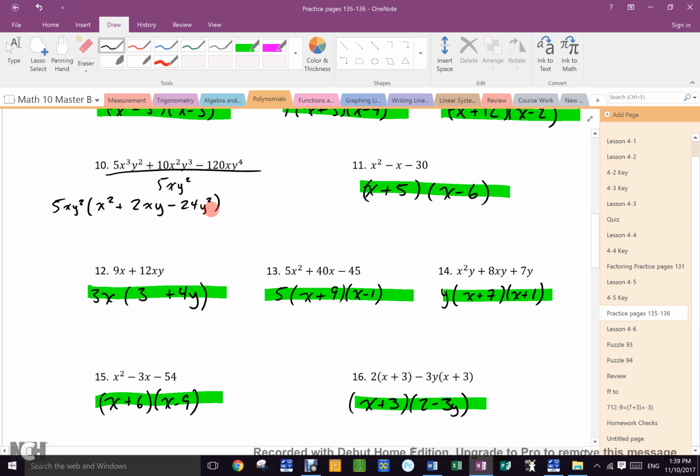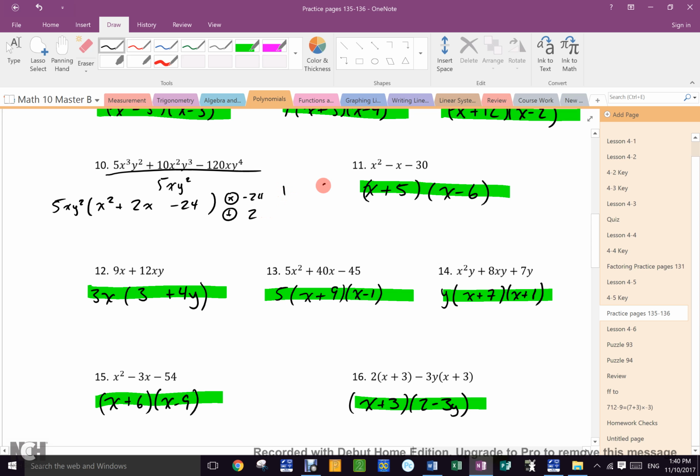Now, if the y squared wasn't there, then what would you do? You would need numbers that multiplied to negative 24 and added to 2.